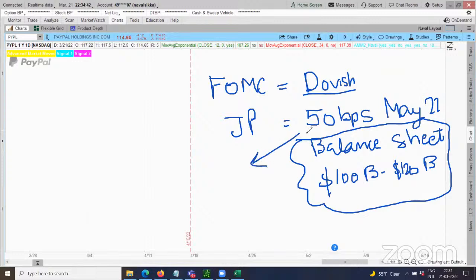They need numbers to support the market. Inflation is getting out of hand. As I said last night, even the crude is on the upward journey towards 150. It was 103, 104. Right now it's trading at 112.